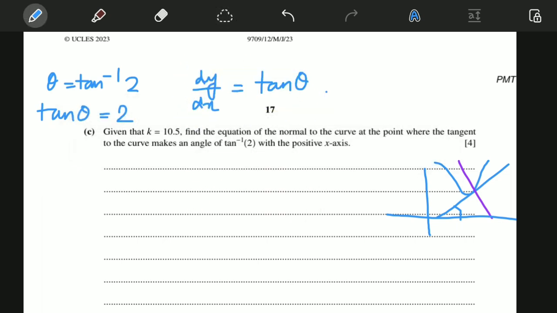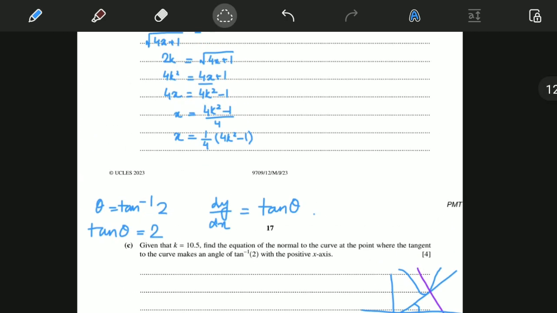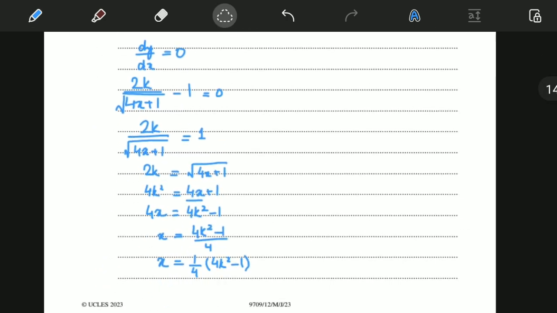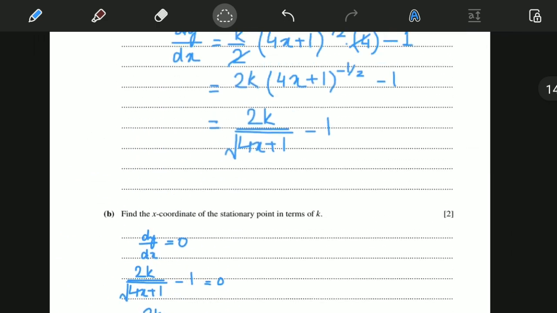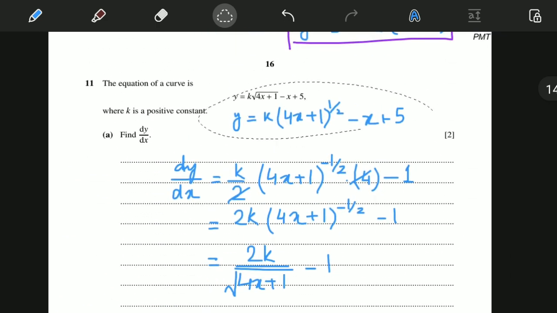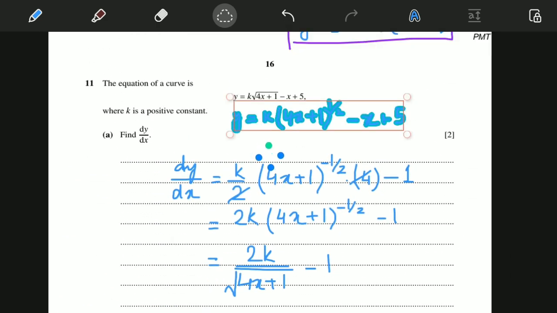Now write the equation that is already given. This is your equation.